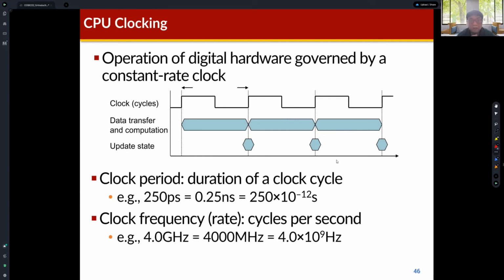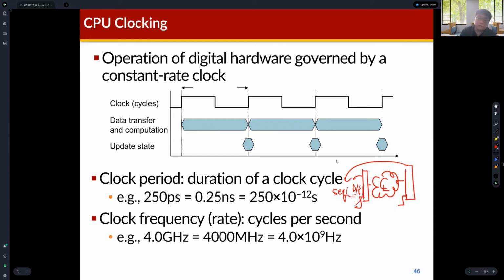The CPU is a kind of digital system, and all digital systems run with clock signals. If you took the digital logic design course, I believe you already know about clock signals. This is the basic composition of the system. This is the combinational logic, and these are sequential logic, like D flip-flops.